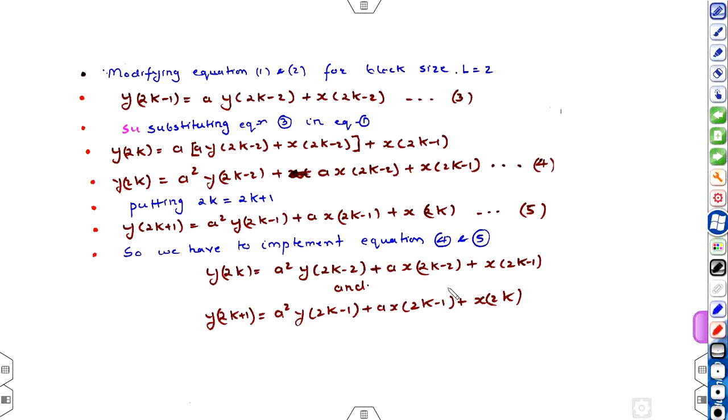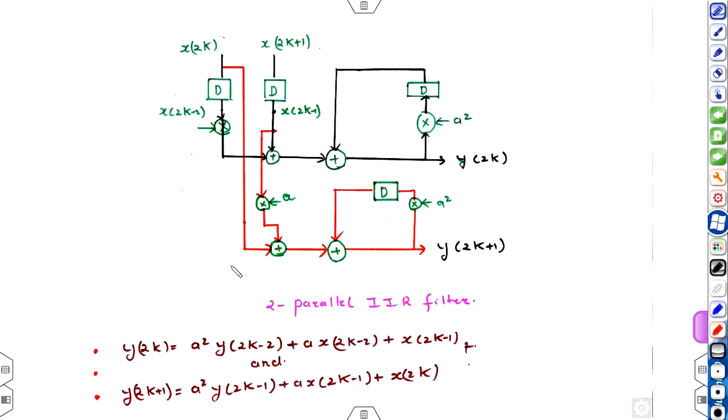So the block diagram for these two equations will be something like this. Okay, so this is y of 2k, that is equal to a square y of 2k minus 2. So this is multiplied by a square and delayed by one delay element. Okay, so the output will be a square into y of 2k minus 2 plus a times x of 2k minus 2.